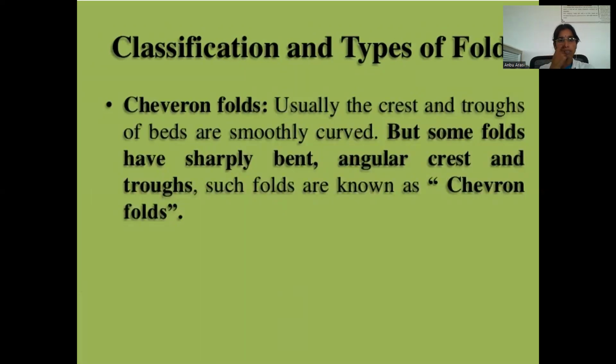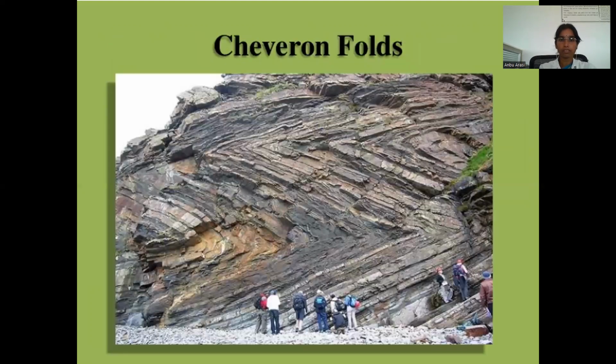Next, chevron fold. Usually, the crest and troughs of beds are smoothly curved, but some folds have sharply bent angular crest and troughs. Such folds are known as chevron folds. If the crest and troughs of a fold are sharp and very angular, like this, these are chevron folds.